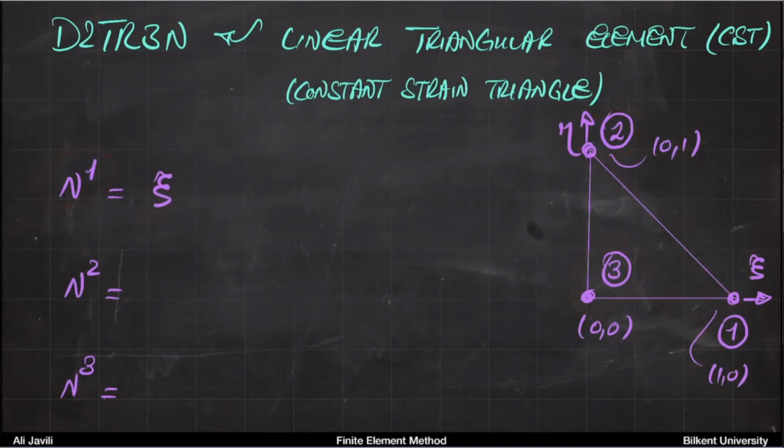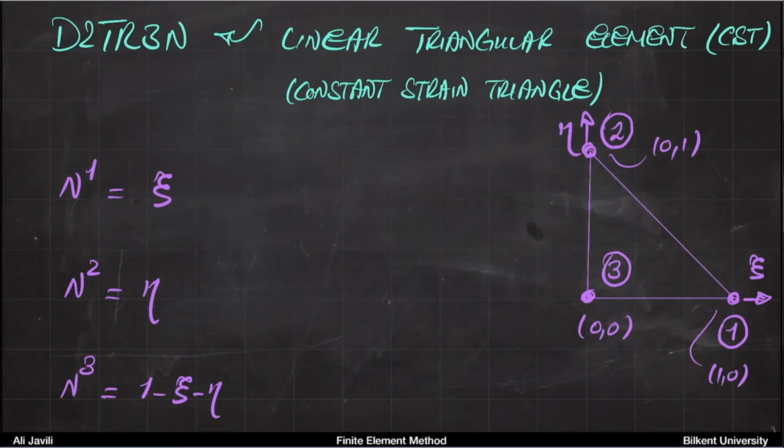N2 is simply eta, and N3 is 1 minus xi minus eta. The line here is xi plus eta equals 1, so if you write N3 like this, you make sure that it is 0 on this line, and it's 1 here. These are the shape functions for a linear triangular element.